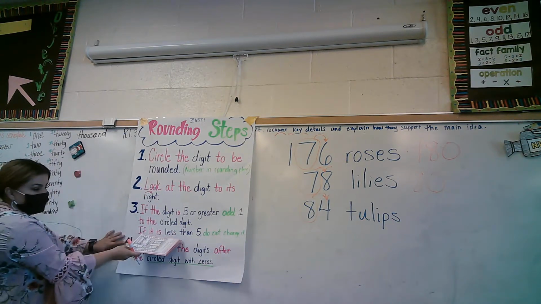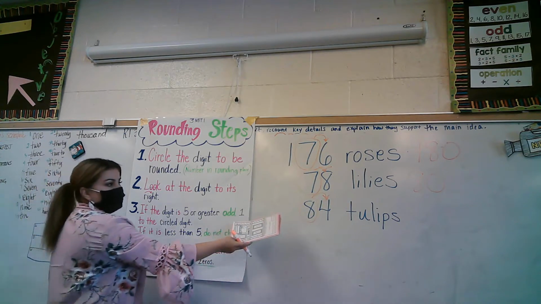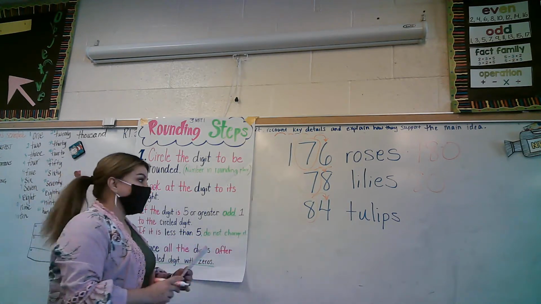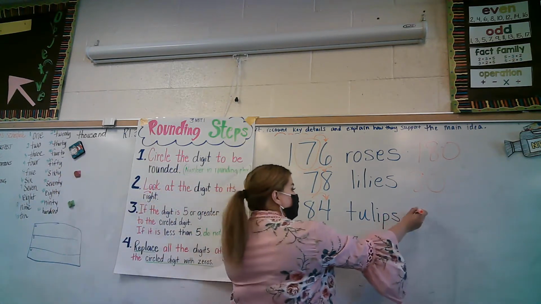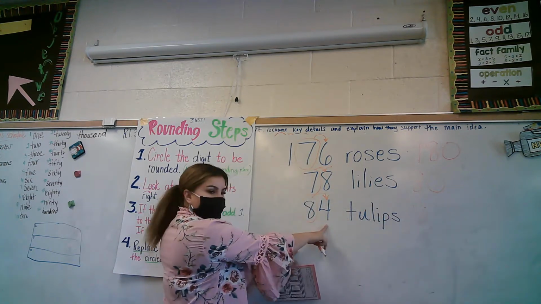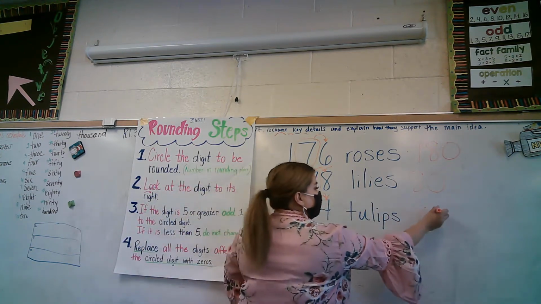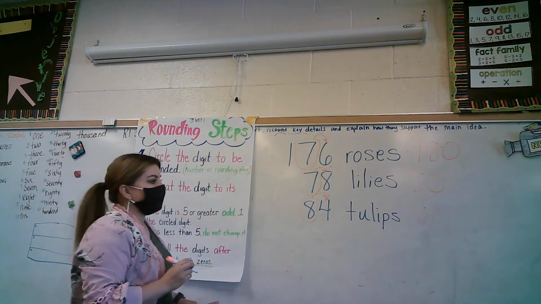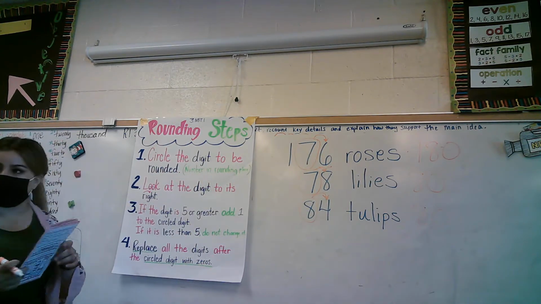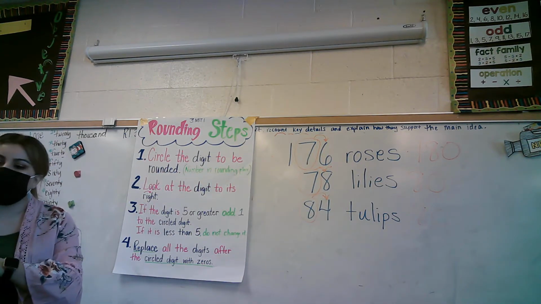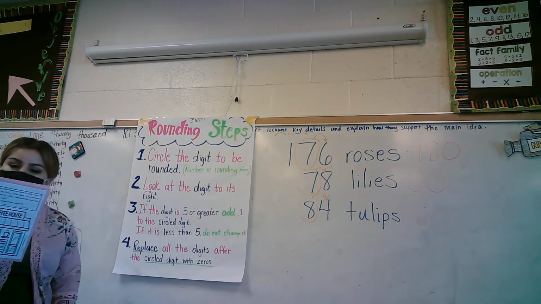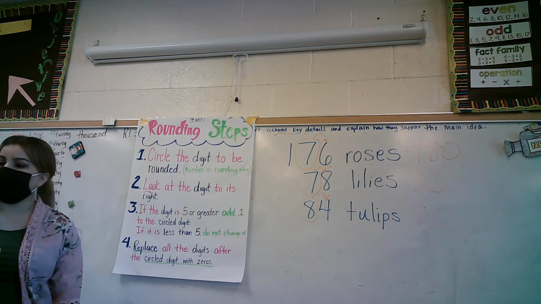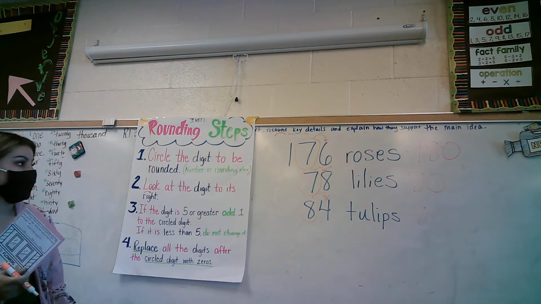So if it's less than 5, we do not change the circle digit. So it stays an 8. But what does this become now? A 0. Okay. Are we done with the problem? Yep. Oh, it's asking about how many did he sell of flowers.